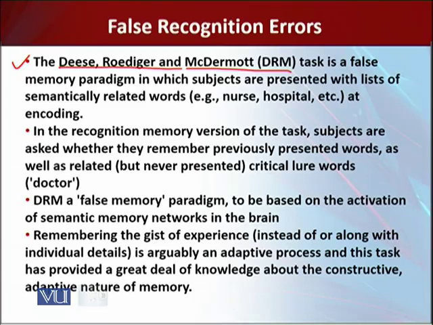As I have explained, a false hit is the identification of an occurrence as old, although in reality it is new information. And a miss is the second category, the failure to identify a previous occurrence as old. The DRM paradigm is a procedure in cognitive psychology used to study false memory in humans.